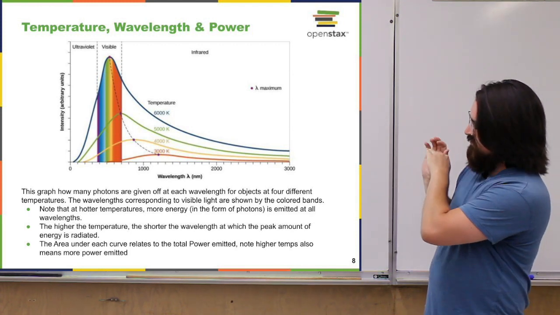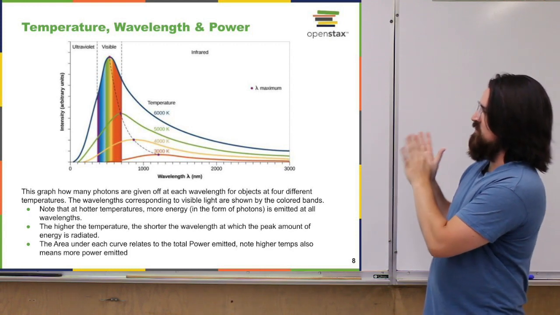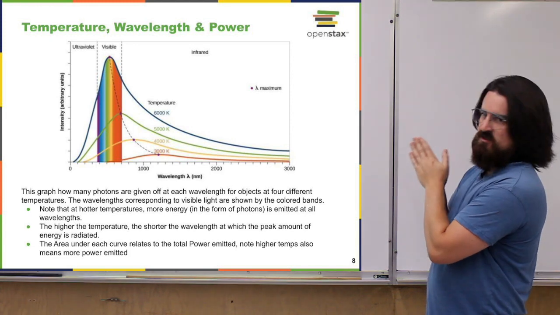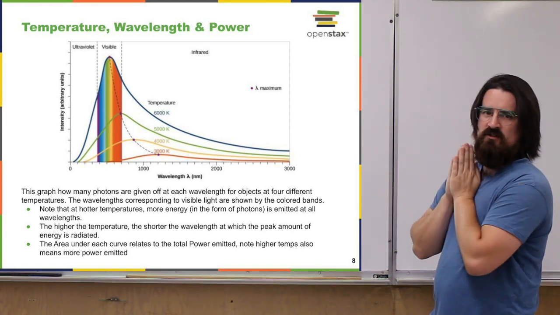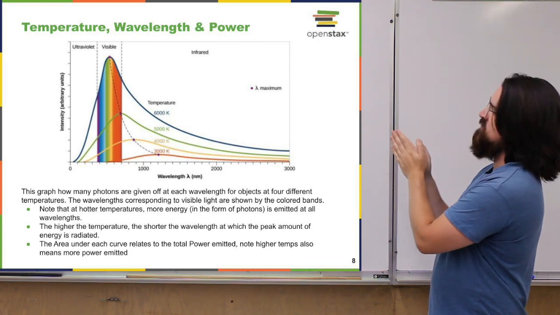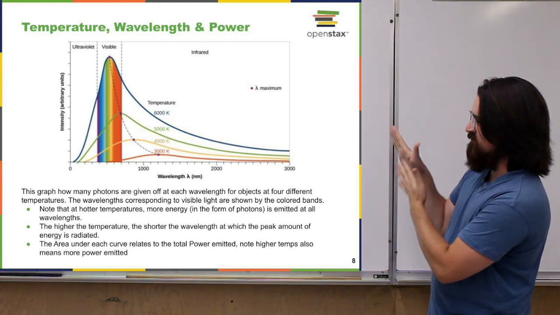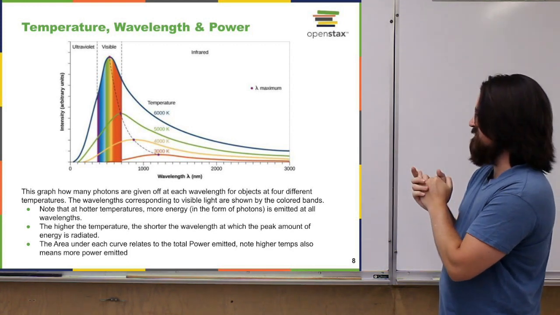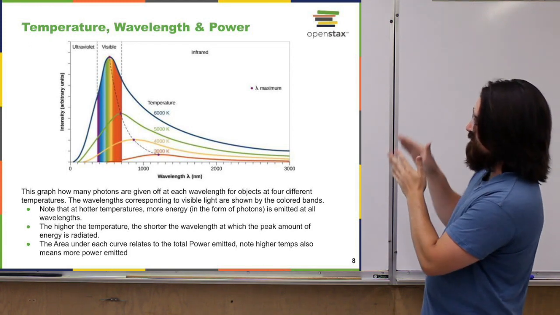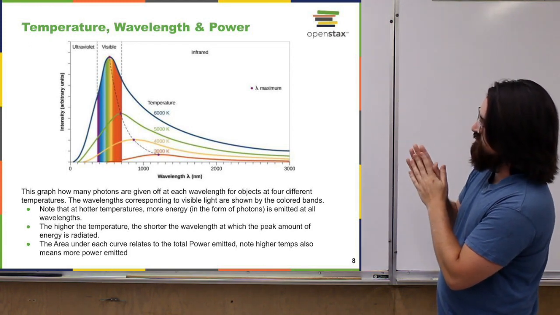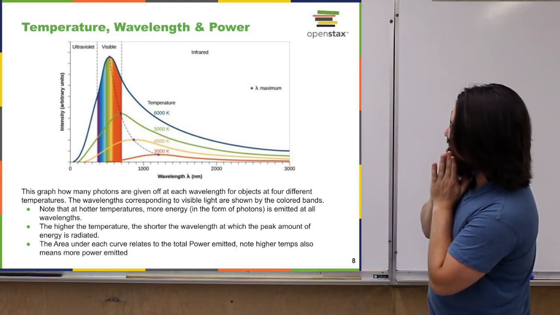If we look at the lowest temperature one on there, 3,000 Kelvin, pretty high temperature, it radiates most intensely, or the peak of that radiation is, at about 12,000 nanometers. You go up to say 4,000 Kelvin, now the peak has dropped down to a shorter wavelength of about 900 nanometers. Go up to 5,000, it's around 700. Go up to 6,000 Kelvin, it peaks in the middle of the visible spectrum at about 500 nanometers, something like that.